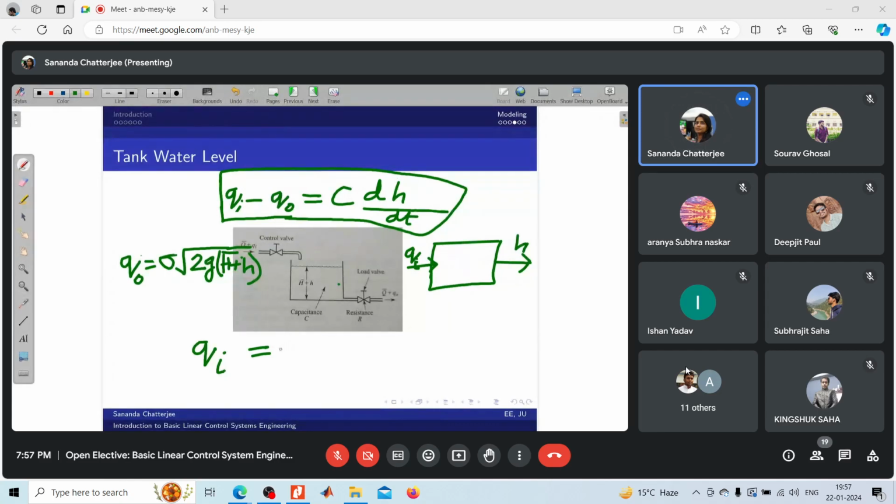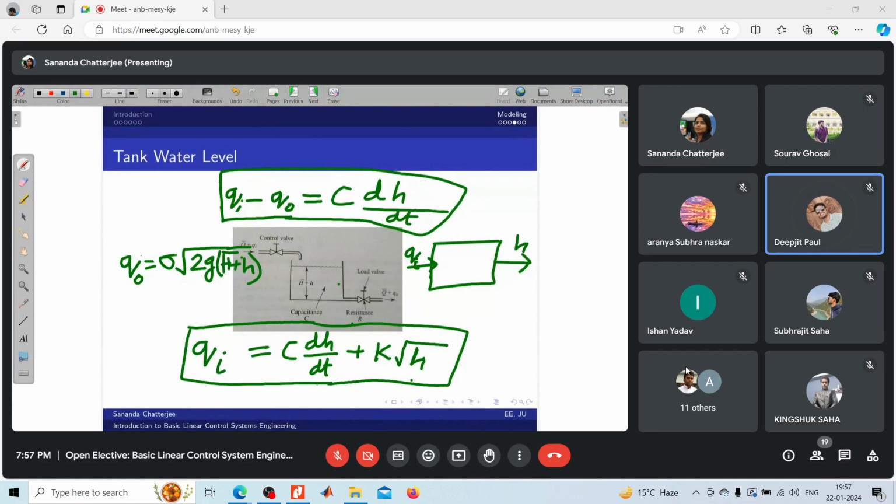So therefore, what will be the input-output relationship here? We can write C dH/dt plus, if we take root over 2g as constant as well, some constant which is dependent on C, capital R, all these system parameters, and ultimately depends on root over H. Do you agree?